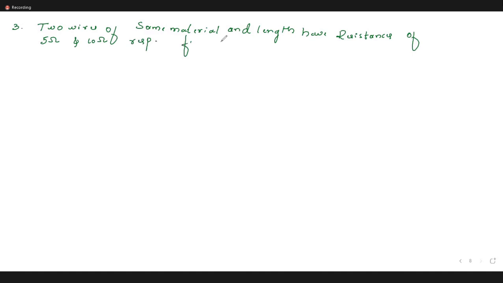Find the ratio of radii of the wires. Do it. Resistance is given and you need to find out the radius. Do it.